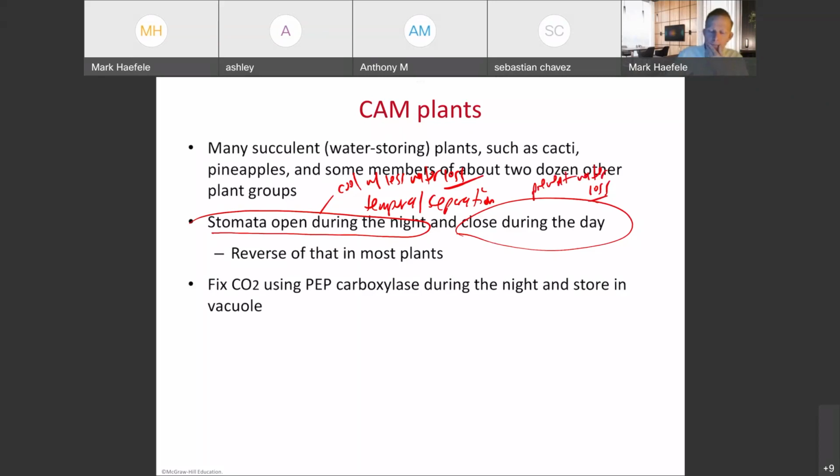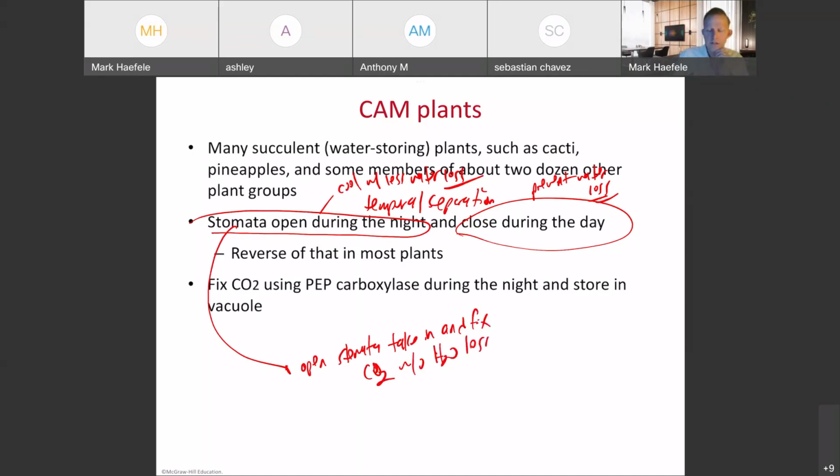So what does this do? During the night, open stomata take in and fix CO2 without water loss.